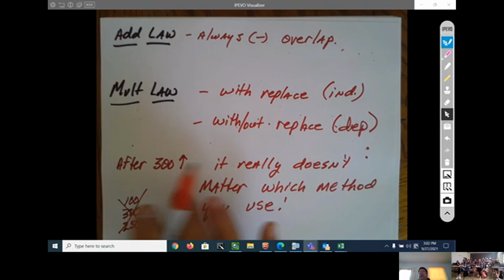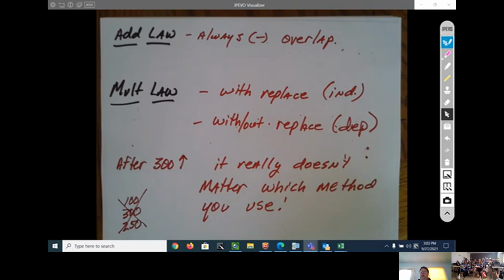Usually 300 and above, it doesn't matter. But if one or two of your quantities is below 300, then you might see a little bit of difference in the third and fourth decimal place. Okay?